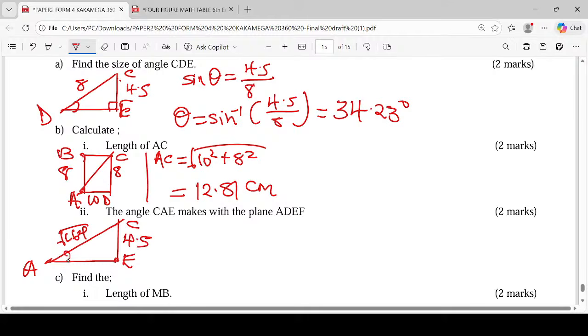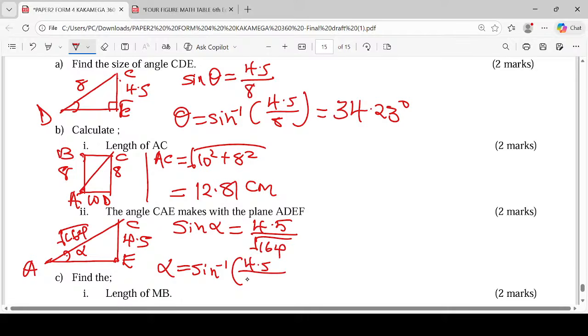And this is the angle they want, angle alpha. Opposite and hypotenuse, I'm going to use sine. So I'll say sine alpha is equal to opposite 4.5 over hypotenuse root 164. So our alpha will be the sine inverse of 4.5 over root 164.